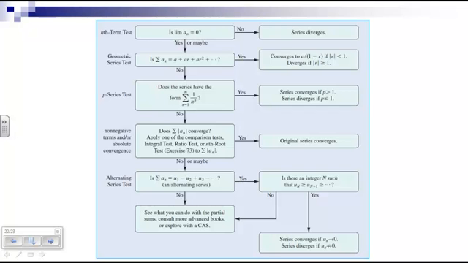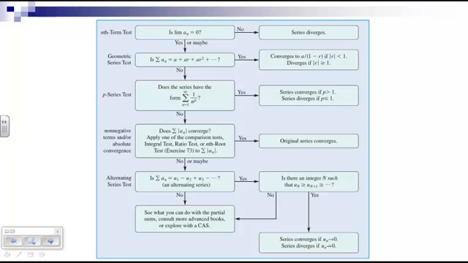It says, why don't you check to see whether that series is geometric? If the answer is yes, take a look at that R value. If the R value is bigger than 1 or less than -1, it's a divergent series. You're done. If the R value is between -1 and 1, it's convergent. I can tell you what it converges to.